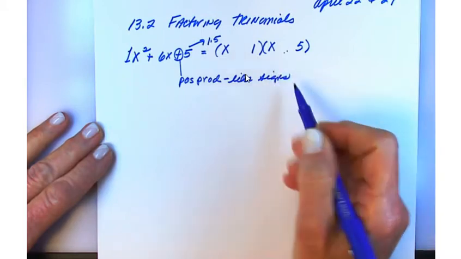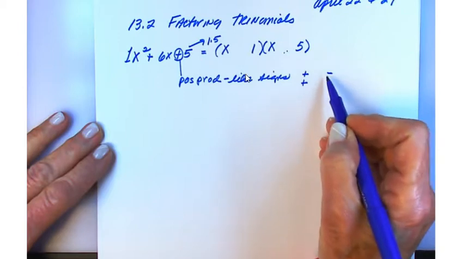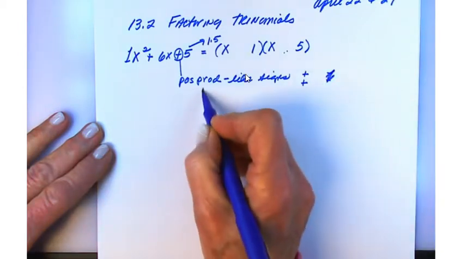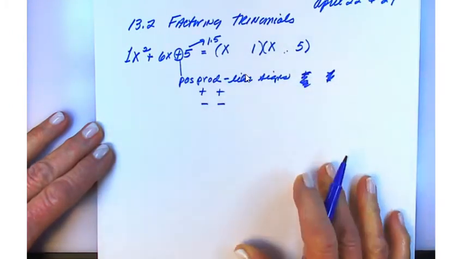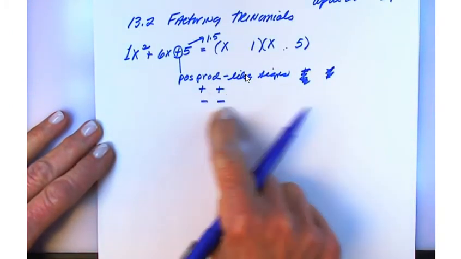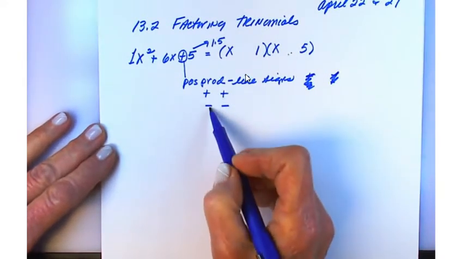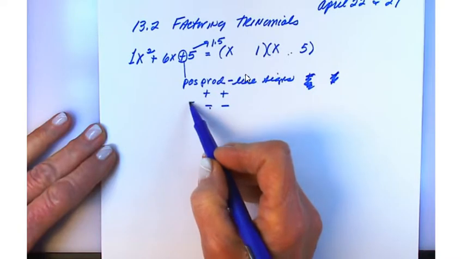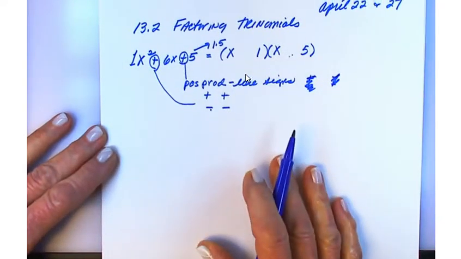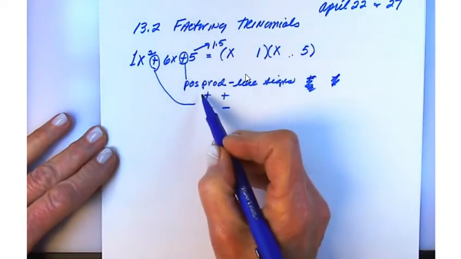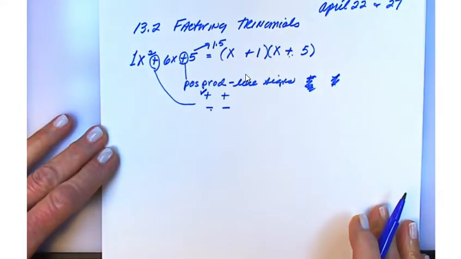So both the signs are positive, or they're both negative. Now we have two choices. We look at the middle sign. It is positive, so that tells me I have to choose both positives here.